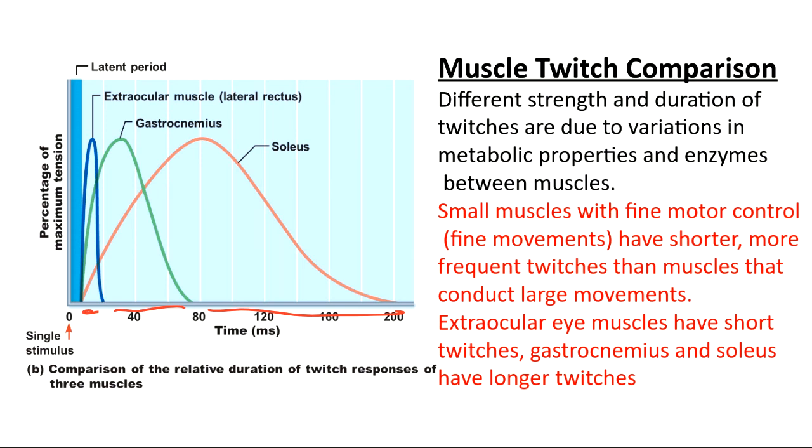So the extraocular eye muscles, the lateral rectus, superior rectus, inferior rectus, medial rectus, superior oblique, inferior oblique, all of these muscles that move the eyeball have very small twitches. Muscles that bear weight, like the calf muscles, the gastrocnemius and the soleus, are going to have longer twitches. So you should know examples of muscles with long twitches versus examples of muscles with small twitches.